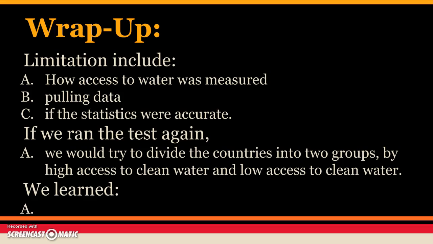If we ran the test again, one thing we could do is divide countries into 2 groups: those with high access to clean water and those with low access. So I guess maybe coastal countries, we assume that they have more, or countries bordering lakes, maybe they have more access to water, I guess is what was written here.